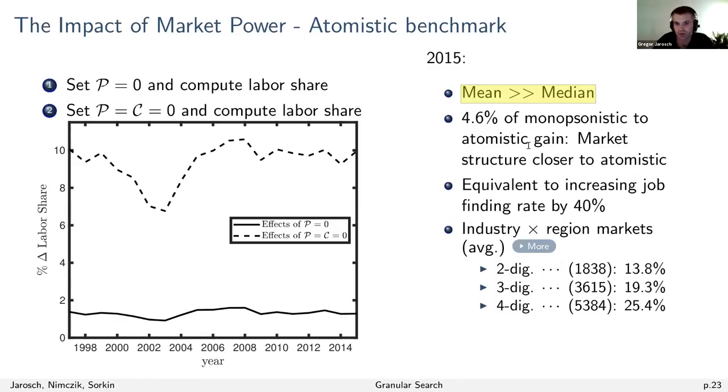I'm going to skip over these two bullets, but I briefly want to talk about this last one. Here we do exactly the same exercise where we use standard notions of a local labor market, so 2-digit industry times commuting zone, and we show you how these numbers move as we change the definition, the boundaries of a labor market.